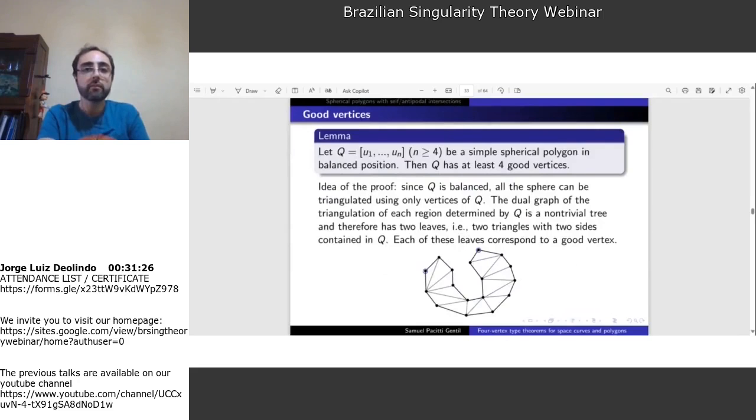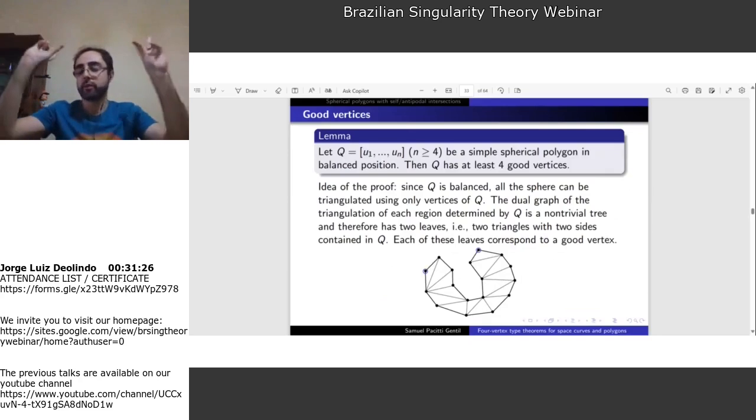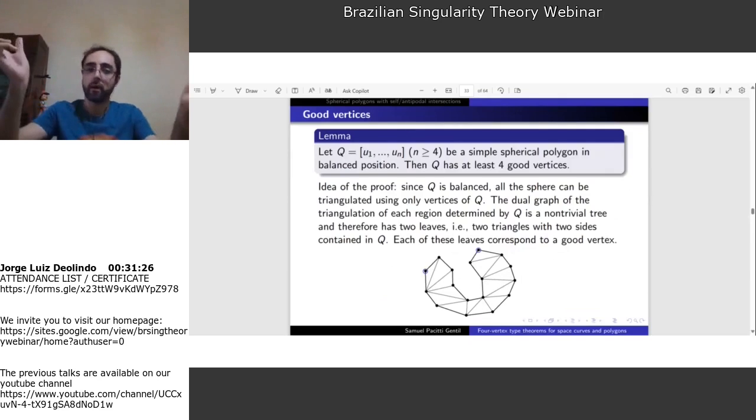This is an important lemma, and we will say briefly why it is important. I don't know if I will have enough time to explain all the details, but the idea is simply that the balanced position hypothesis allows us to triangulate this sphere using only vertices of our polygon. This was made here for one of the regions determined by the polygon, but this can be done in the 2 regions.